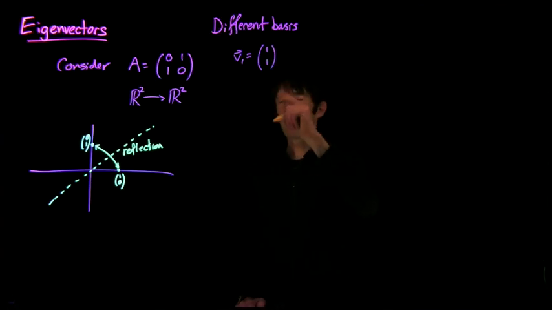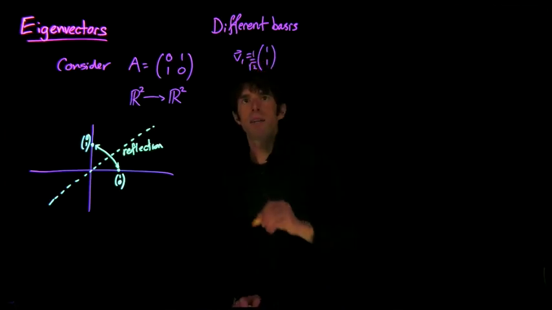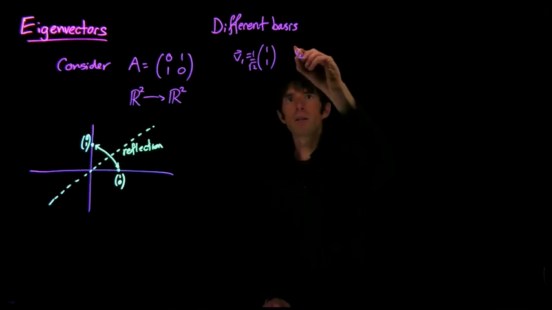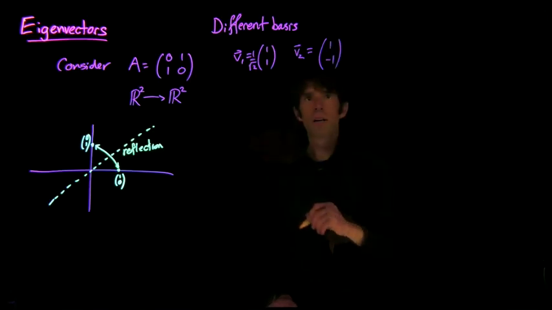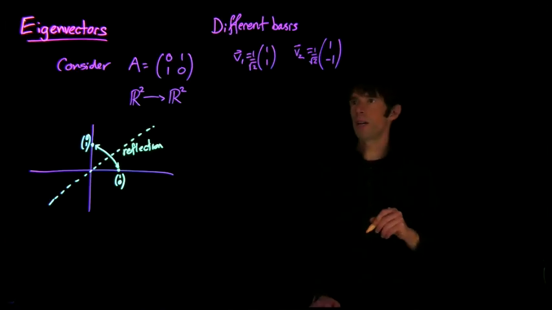That's a vector of length square root of 2, so I'm going to divide by the square root of 2 to make it a unit length vector. And v2 is going to be the vector 1, minus 1, and again, I'll divide by the square root of 2 to make it a unit length vector.